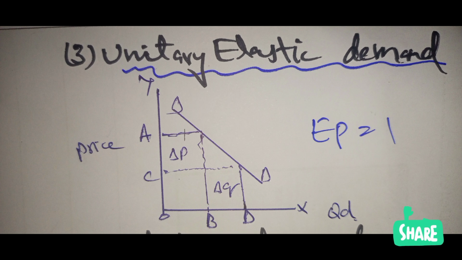On DD demand curve, the percentage change in price brings about an exactly equal percentage change in quantity at all points A, B. The demand curve of unitary elasticity is therefore a rectangular hyperbola.